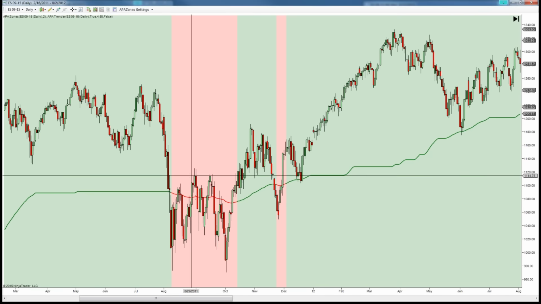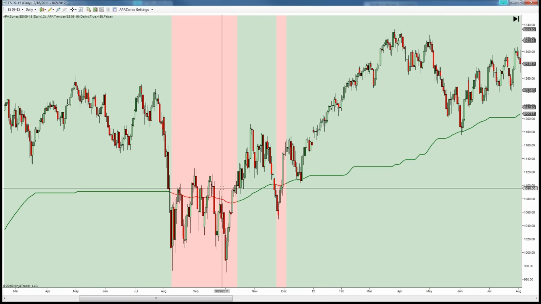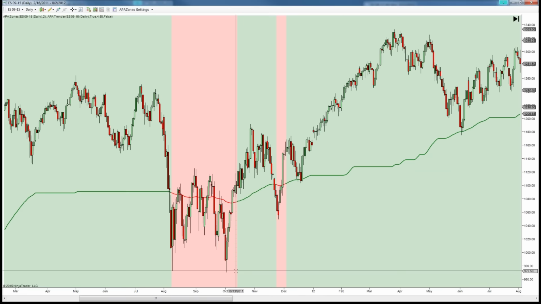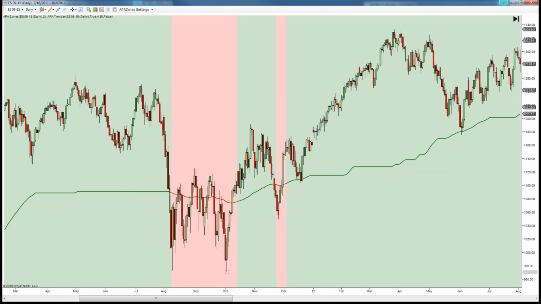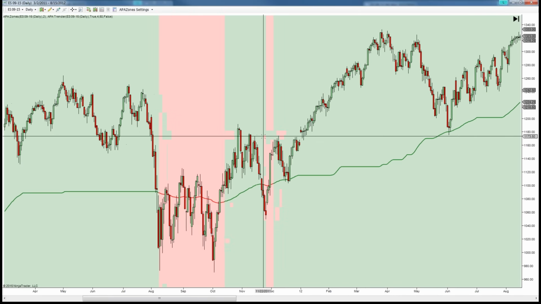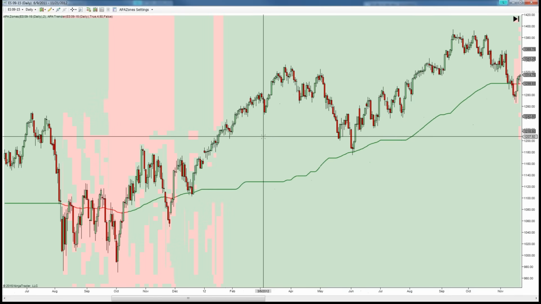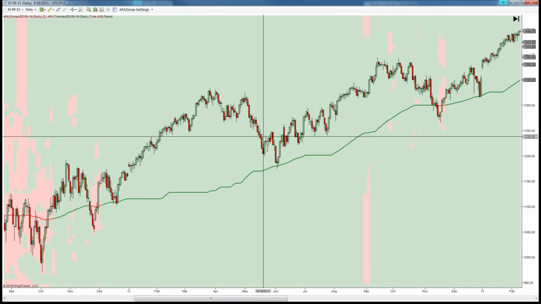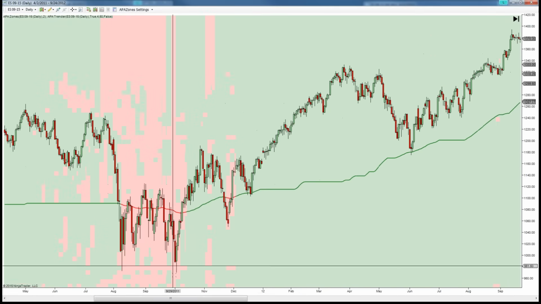Got pretty big rangy bars going back and forth here. Nice little, well, I guess it wasn't quite a double bottom, but it didn't make a new low slightly, and then it came back up, and ever since that October, it's been in this uptrend. So I thought that was pretty interesting.